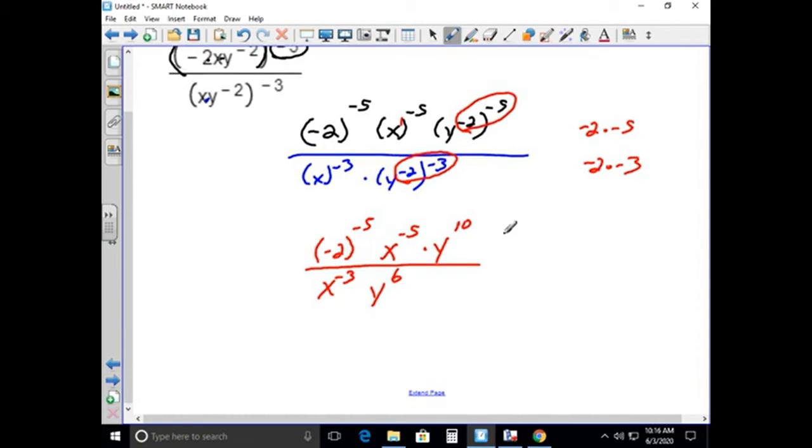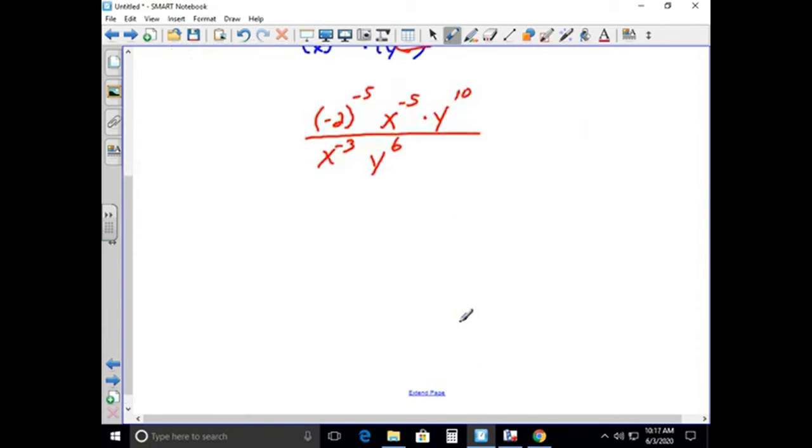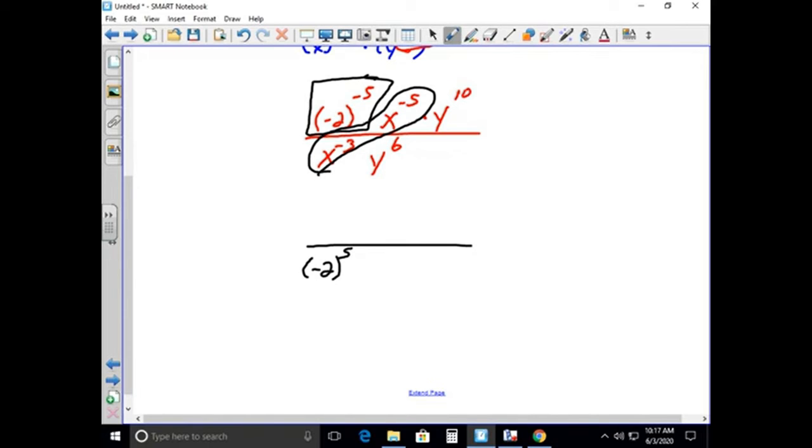Okay, so let's take care of several things now. In our fraction, we have a number raised to a negative power. So to make that negative exponent go away, we need to move -2 to the denominator and make the exponent positive. Now, if you prefer, you can move those and then subtract them. But since we're dividing and our bases are the same, let's just go ahead and subtract those exponents.